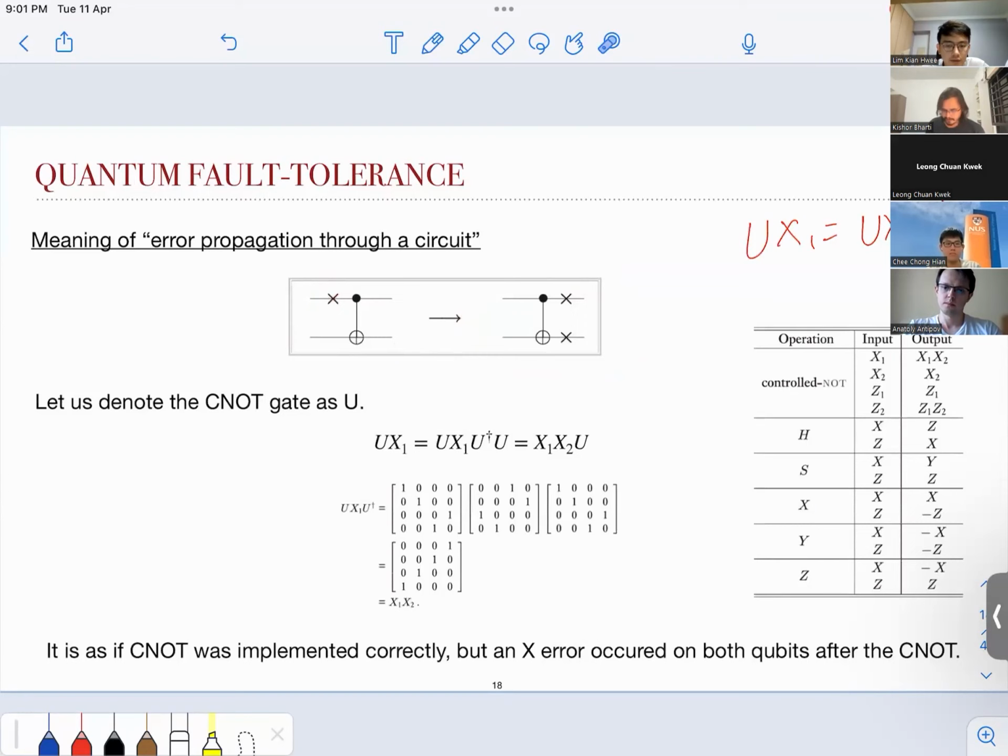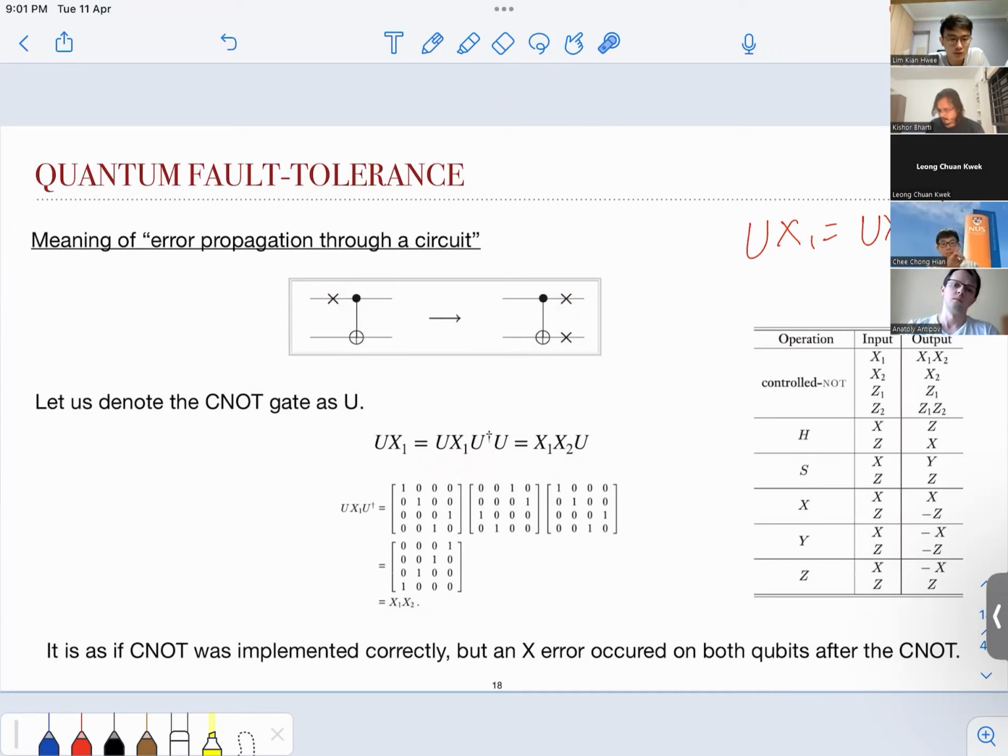Because I can just add an identity here. And basically you can calculate U X1 U dagger if U is C0, it is X1 X2. So you can get X1 X2 U. So you can think of it as there is an actual C0 being implemented, but instead of one error, now I got two errors. And this is basically just conjugation.